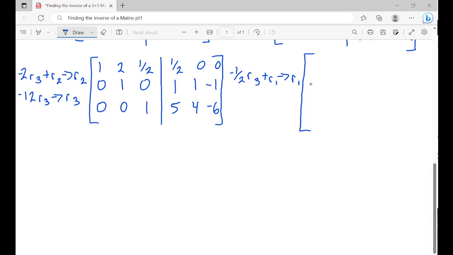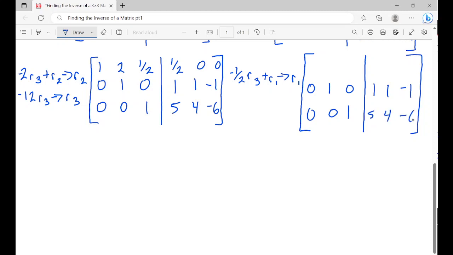So 0, 1, 0, 1, 1, negative 1, and then 0, 0, 1, 5, 4, negative 6.